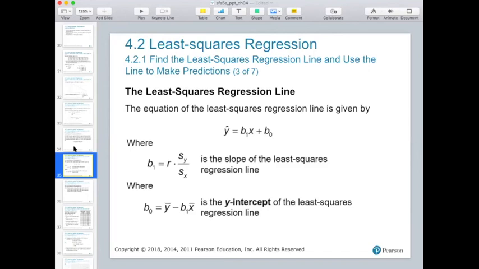So the ratio of the standard deviations, and we're still doing basically the difference of y over the difference of x, but it's the standard deviation of y over the standard deviation of x, times that correlation coefficient gives us our slope. And if we plug in the information that we know, we can find the y-intercept, or the b naught. So basically, we're taking the same information and switching it around.